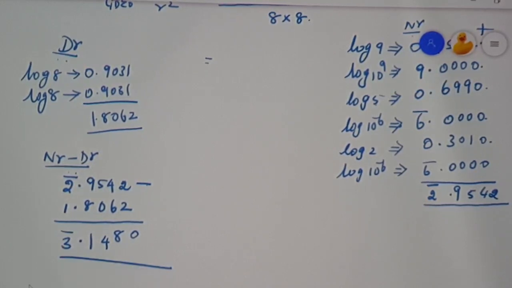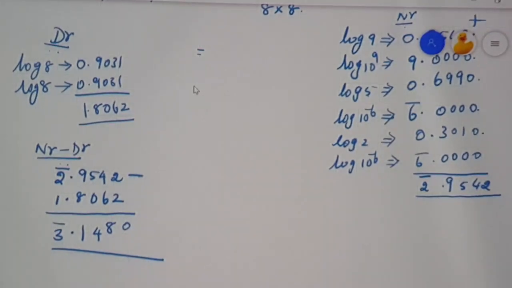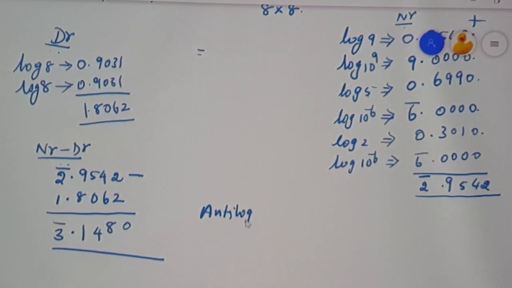Now, for this value, you have to get the anti-logarithm. That is the answer. So, what is the anti-logarithm for this? You have to get the anti-log of 3 bar point 1480. First of all, you write the characteristic part as 10 power minus 3.